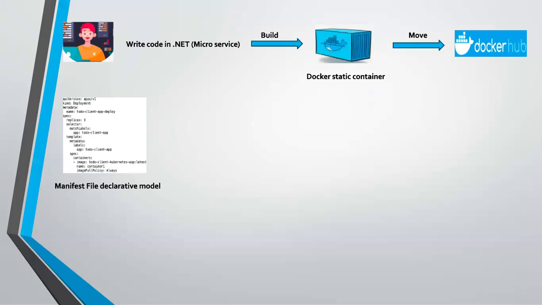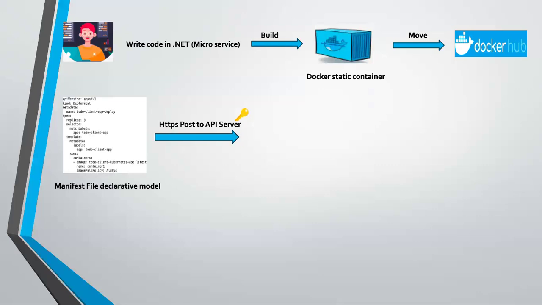Once you have declared everything in the YAML file, you can use Visual Studio Code or any tool to write it. Now you need to hand it over to Kubernetes. How will you do it? First, you post your declarative model YAML file to the Kubernetes API server using HTTPS.